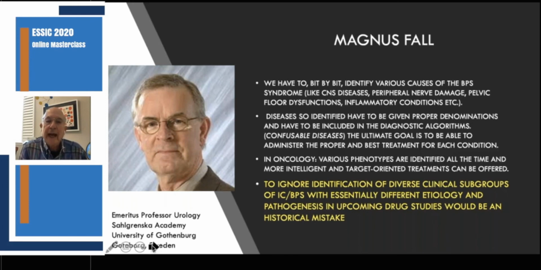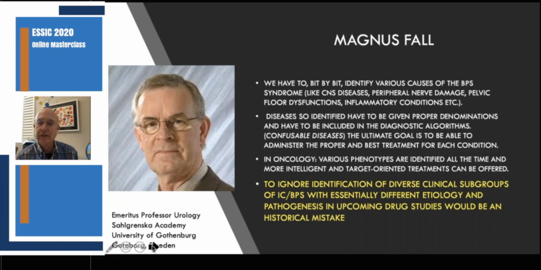"We have to, bit by bit, identify various causes of the bladder pain syndrome, like CNS diseases, peripheral nerve damage, pelvic floor dysfunctions, inflammatory conditions, etc. Diseases so identified have to be given proper denominations and have to be included in the diagnostic algorithms. Confusable diseases. The ultimate goal is to be able to administer the proper and best treatment for each condition.